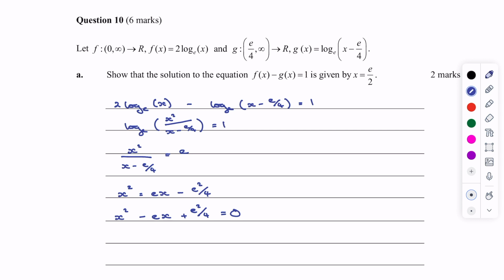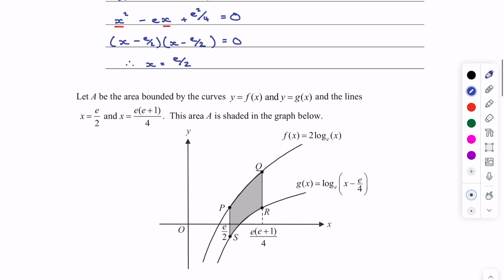What I want to recognize here is that I have a quadratic form and I want to be able to explore whether I can factorize that accordingly. If I think about this, I think I can if I say x minus e on 2, x minus e on 2 again, that factorization equals the line above us. So therefore, I can say x equals e on 2, which is what we were looking for originally. Okay, so we've done that problem.